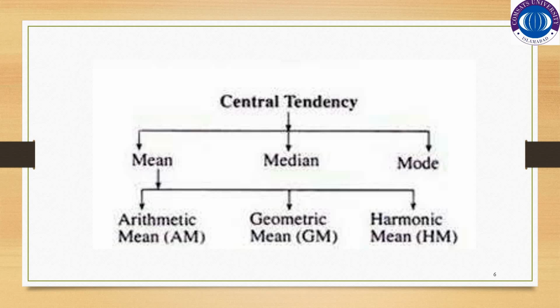To calculate the central tendency, basically we have three approaches. These are mean, median and mode. Mean is further classified into three types: arithmetic mean, geometric mean and harmonic mean. In this subject, we will study only the arithmetic mean of the data set.